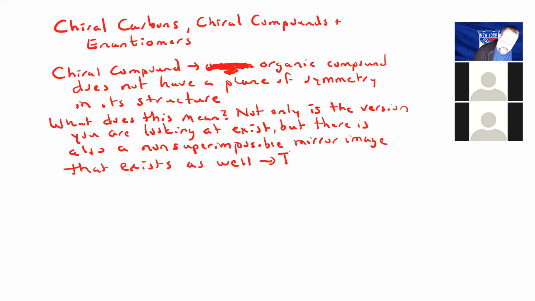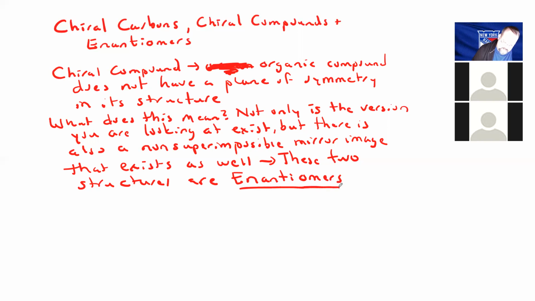And essentially, these two structures are what are known as enantiomers of each other. In other words, these two structures not only have the same chemical formula, they also have the same connectivity, but they are two non-superimposable mirror images of each other. So this type of isomerism between structures is what is known as enantiomers.